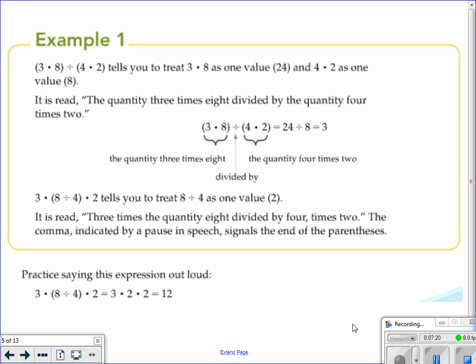All right, the next slide here is just showing you an example of an expression, the order that you would do it in, and how you would say it. So this happens to be the one that Dwayne did. So as you can see, it says that it is read 3 times the quantity, 8 divided by 4.